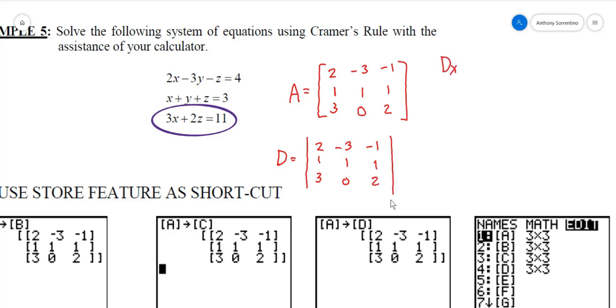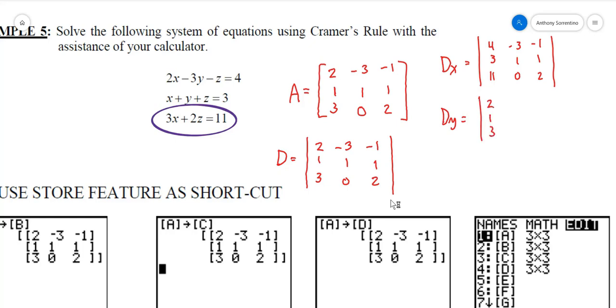Dx is going to be the determinant of replacing the 2, 1, 3 column with the right-hand side, so 4, 3, 11, and the rest of the matrix being left alone. Dy, I'm going to have the 2, 1, 3 here.